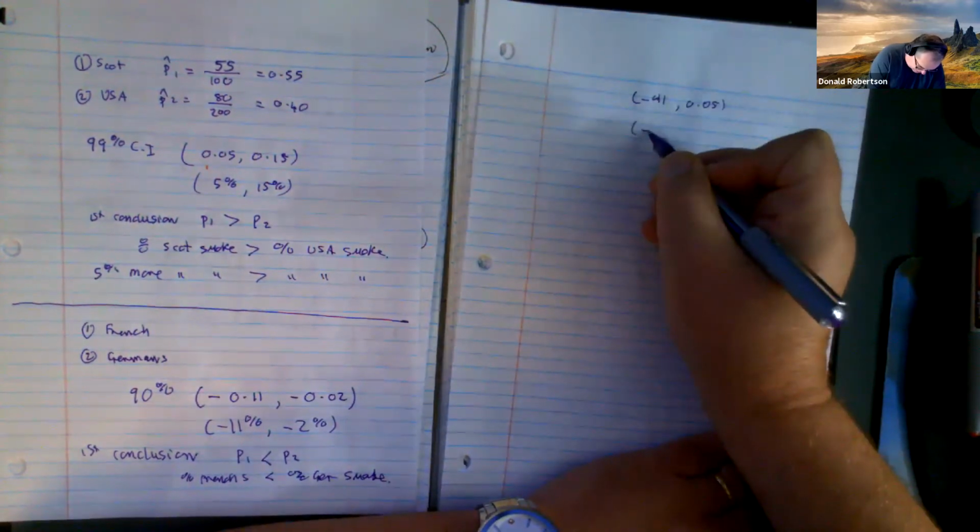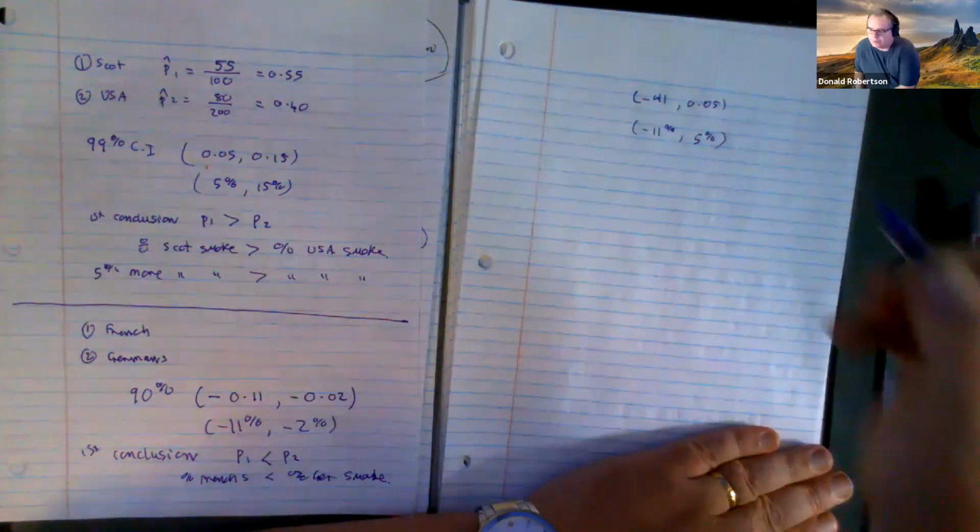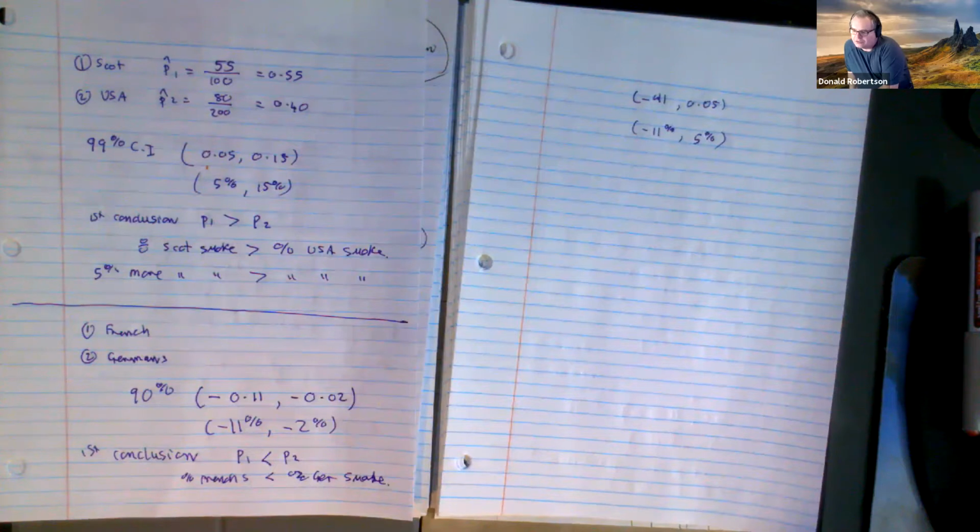That guy. Negative 11% to positive 5%. If you get an interval like that, aren't you really in trouble with what kind of conclusions, if any, you can make? In fact, isn't your conclusion going to be, we can't make any real conclusions?